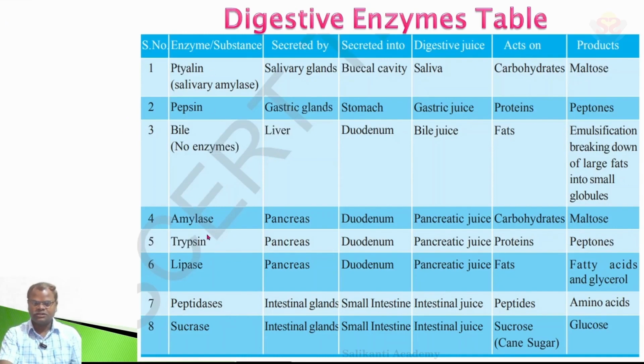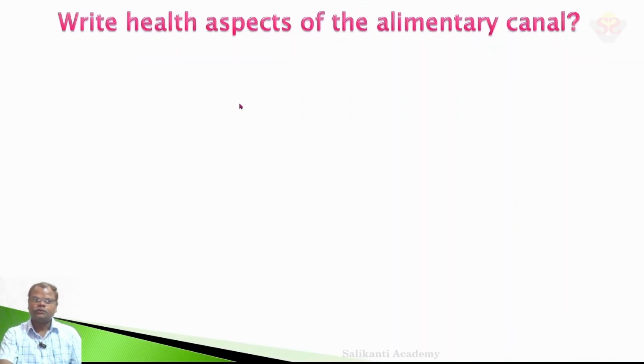These enzymes react on carbohydrates, proteins, and fats, converting them to simpler molecules like glucose, amino acids, and fatty acids. This table is in your nutrition lesson. Then we are going to write the health aspects of the alimentary canal.